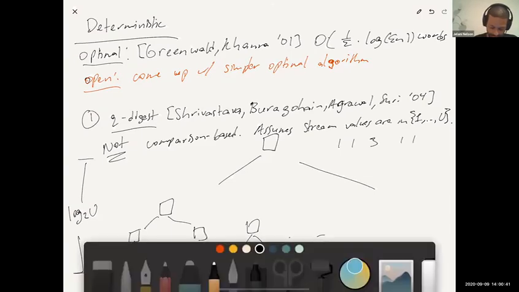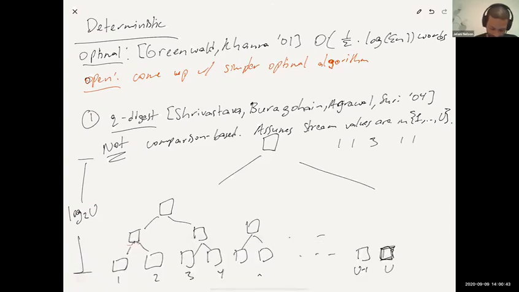Then 3 will have a 1 in it. 1 will have a 4 in it because I saw it 4 times. And all the others will have zeros in it. But of course, as I have longer streams with more distinct items, a lot of the counters are going to start becoming non-zero. I can't afford to store so many non-zero counters.